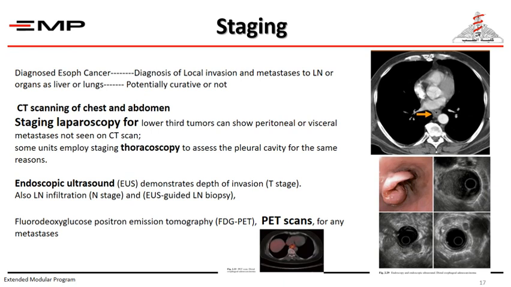Endoscopic ultrasound is a new tool. It demonstrates the depth of invasion, what is called the T stage. Also, lymph node infiltration, which is the N stage, and this is very helpful in diagnosis of curable or non-curable disease. PET scan is very important for any metastasis.